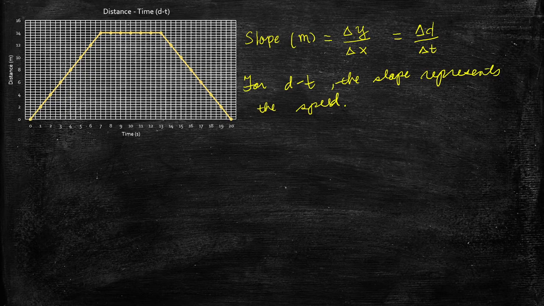Okay? So if the object's graph in a distance time graph is leaning towards the right, then our slope is a positive slope. So if the slope is positive, then speed is gained.